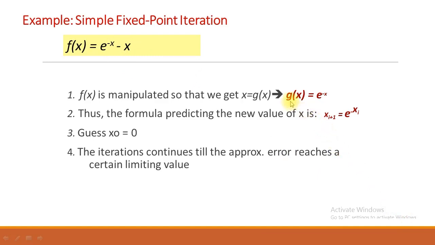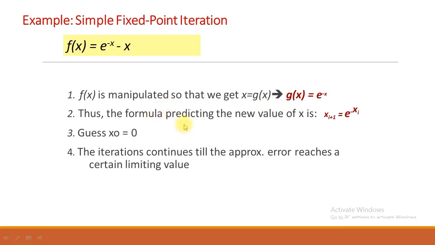Into the form of g, and here this equation can be written in the form of g function as g of x is equal to e power minus x. Now shift this term minus x to the right hand side, we get x is equal to g of x, which implies that g of x is equal to e power minus x.